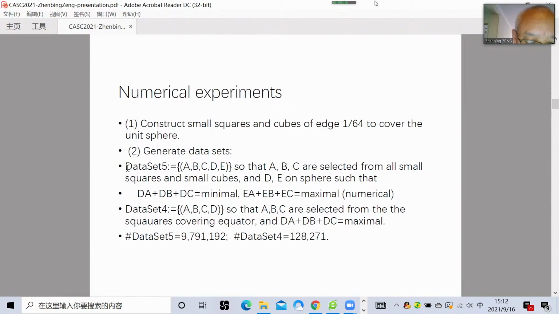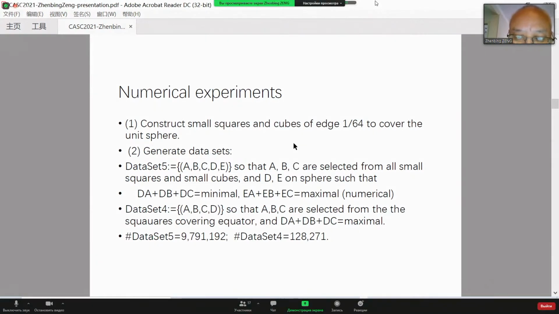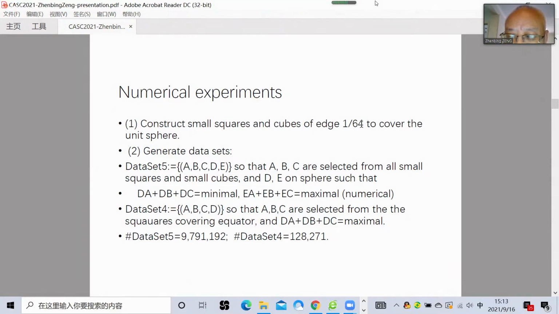The first data set is data set 5, which is composed of 5-tuples A, B, C, D, E, where A, B, C are selected from the various combinations of these very small squares and cubes that are used to cover the unit sphere.